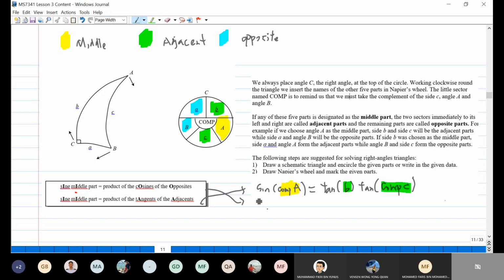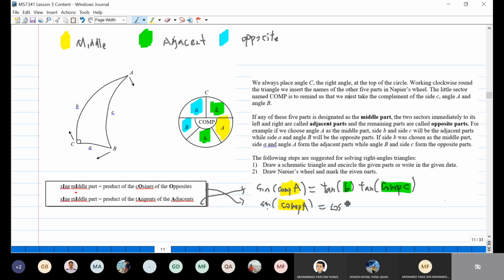I can also take sine of complement of A, where A is the middle part, because I use yellow here, it becomes the product of cosine now. Product of cosine. Cosine of what? Opposite.